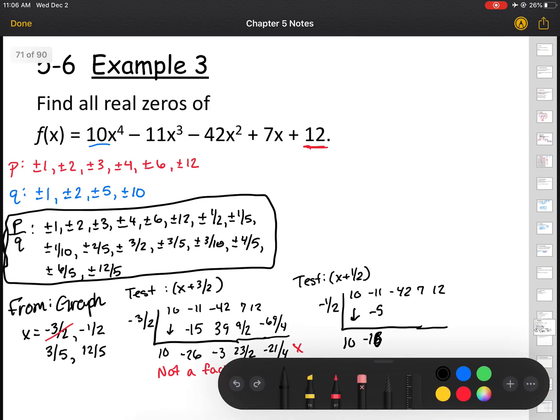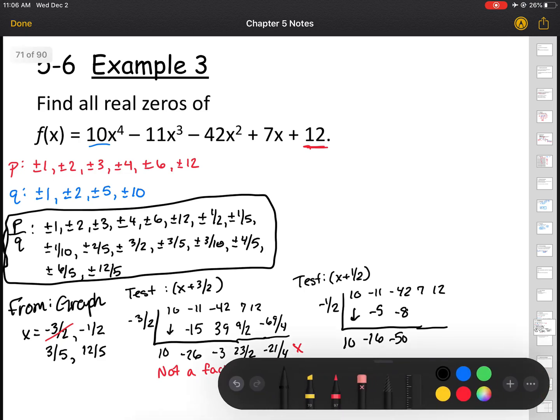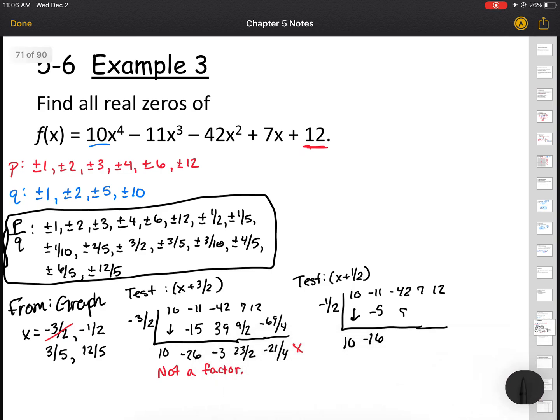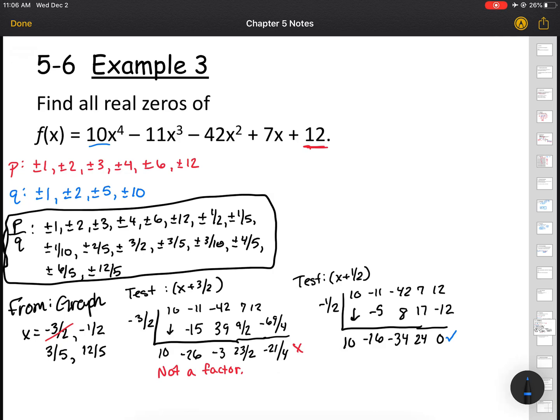Half of negative 16 is negative 8, and that would make negative 50. Oops, excuse me, that's not negative 8, it's positive 8, because when you multiply, it makes it positive. Negative 42 plus 8 now is negative 34. Half of that will give you 17, which gets you 24, and negative 1/2 of 24 is negative 12, which makes 0. And since that is 0, that means x plus a half, or x value of negative 1/2, is a 0.